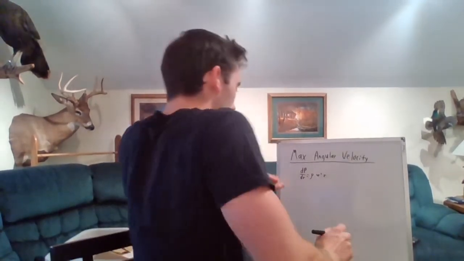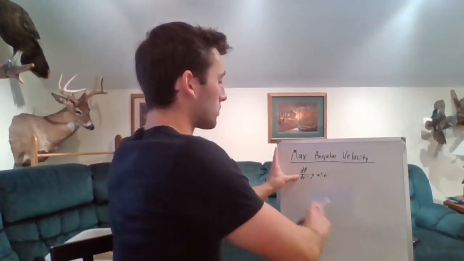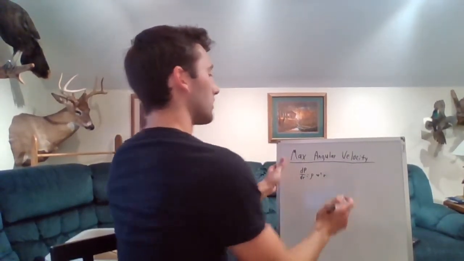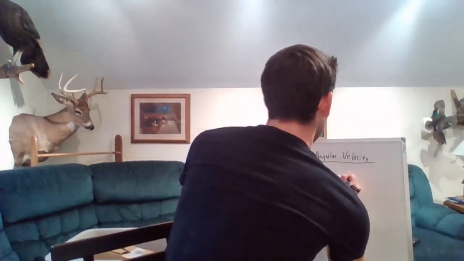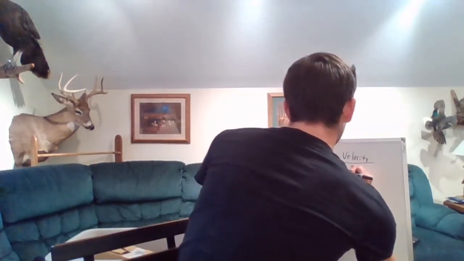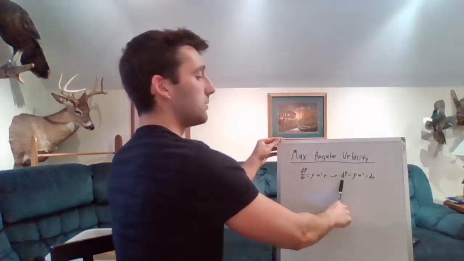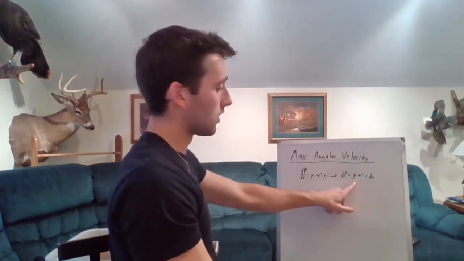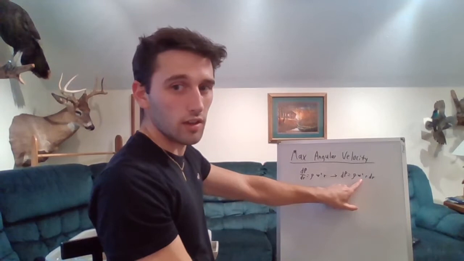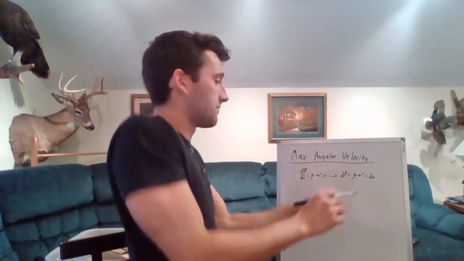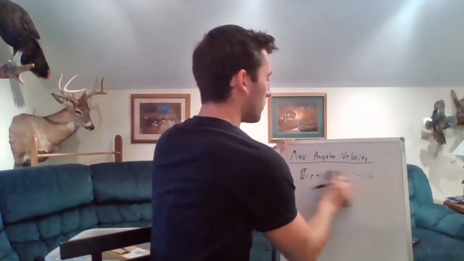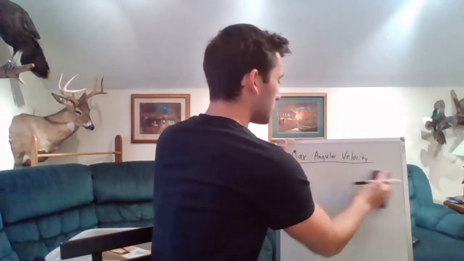Now what we can do is multiply this dr over here. So we get dP equals rho W squared times r dr. And what we'll want to do is integrate that.